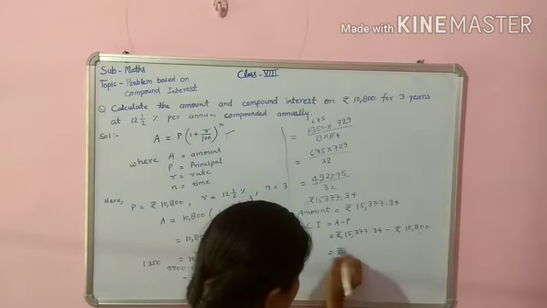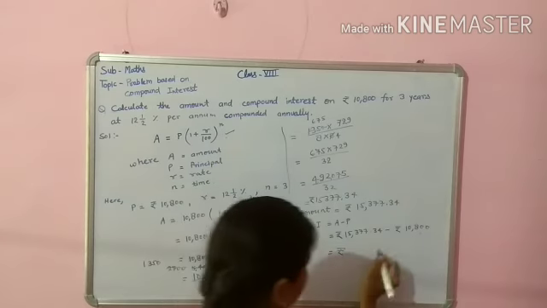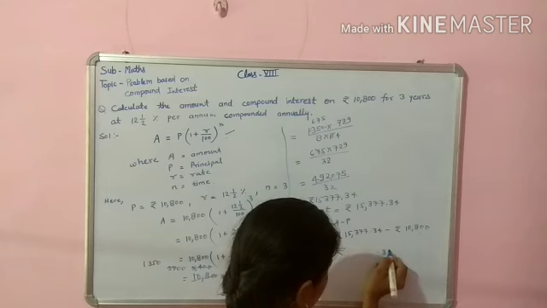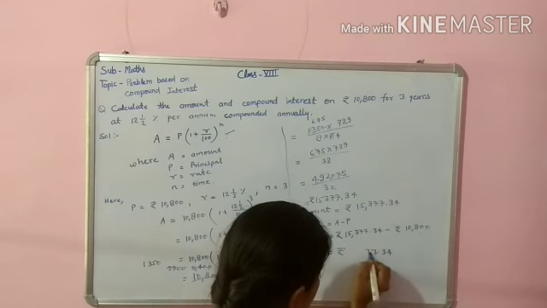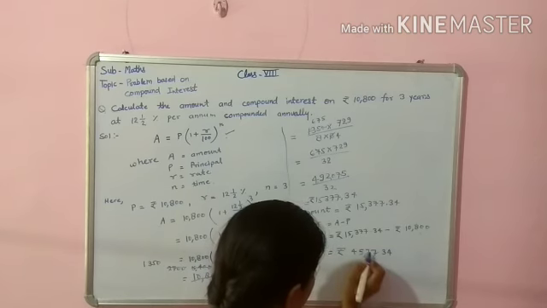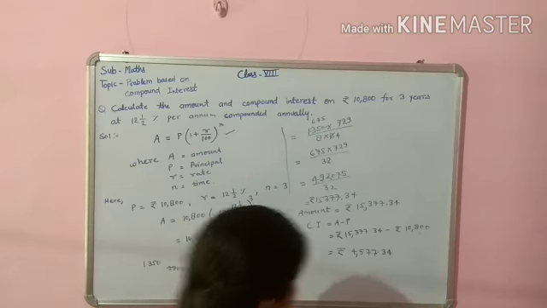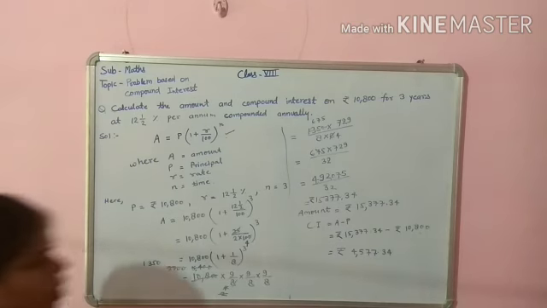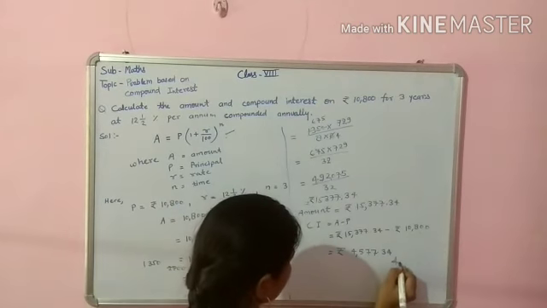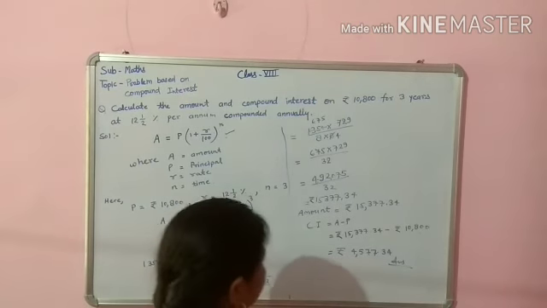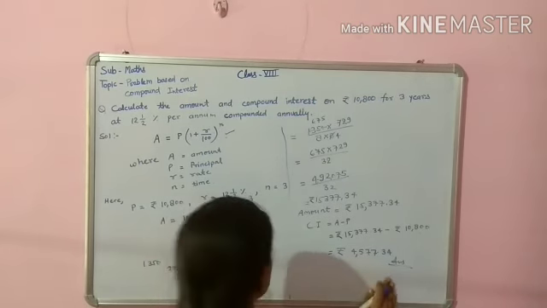Subtract it. You get 4,577.34. This is your compound interest. Okay. This is your answer.